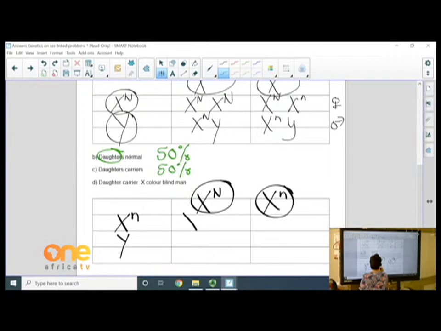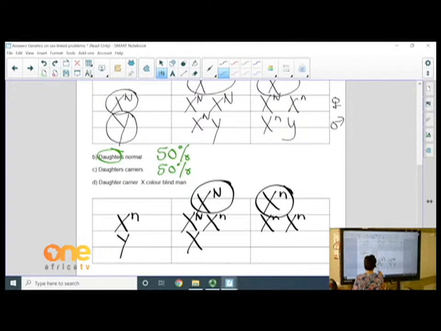Now, they will have a carrier daughter, and they will have a possibility to have a colorblind daughter.